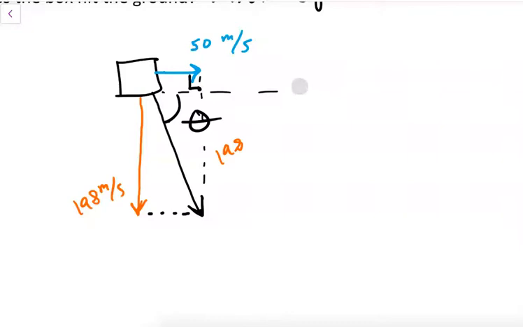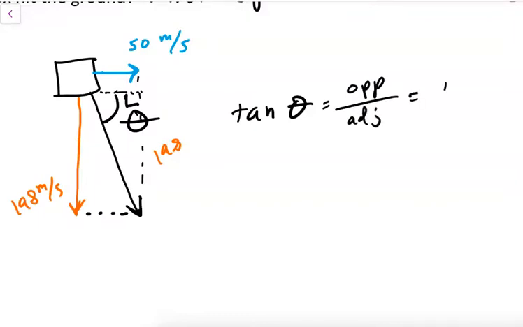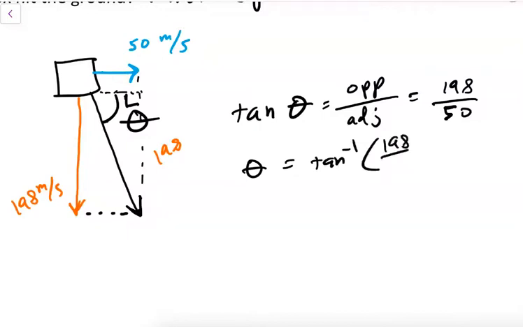Actually, let's erase this because it doesn't need to be here. Technically this is the right triangle, the one I drew, but those sides are equal, the 50s. So I'm going to find my tangent. Tangent theta is equal to opposite over adjacent, and so that's equal to 198 over 50. So I'm going to have to find my inverse tangent of 198 over 50.